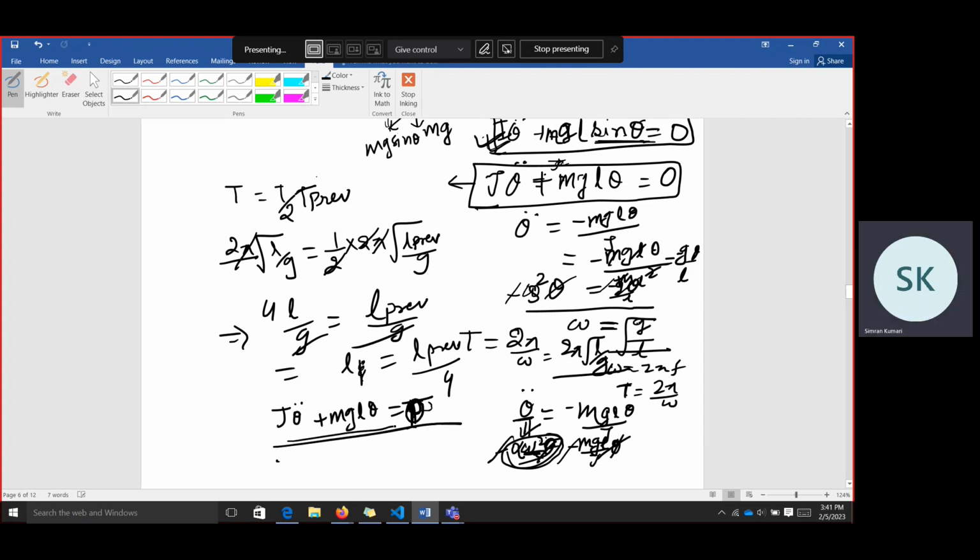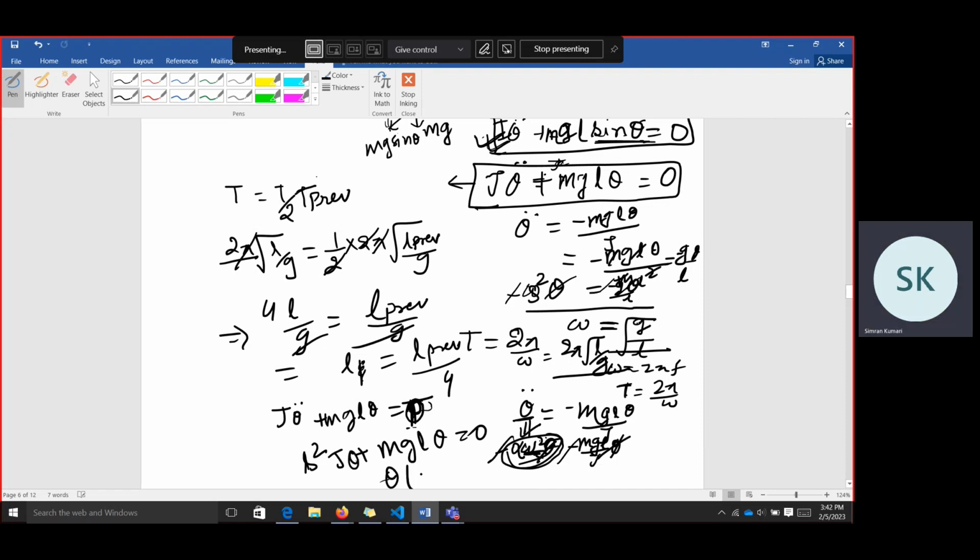Now if we find the roots of this homogeneous ODE, we say s square J plus mgl theta equal to 0.